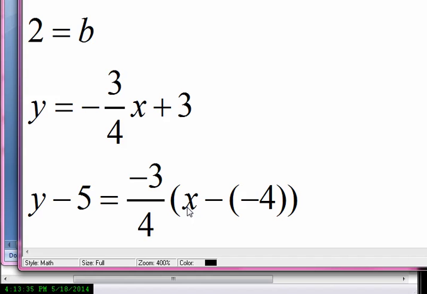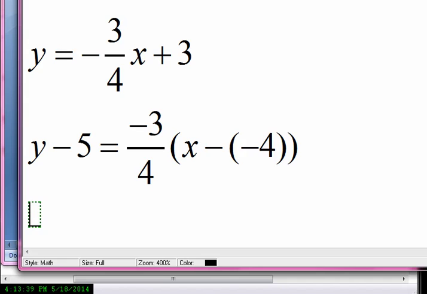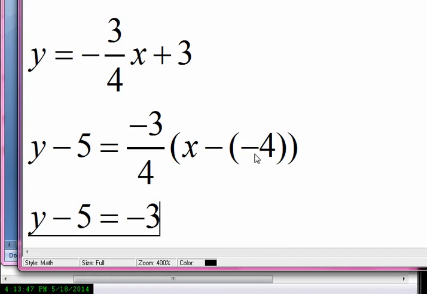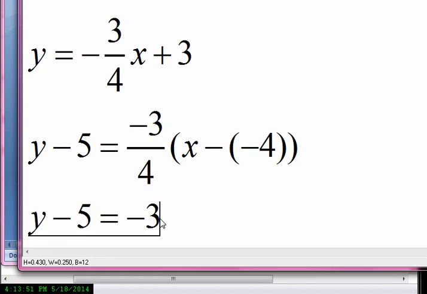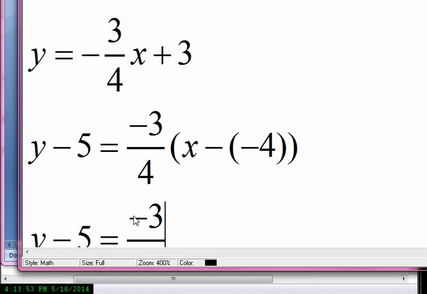So here what we have is x plus 4. So y minus 5 equals negative 3/4 x, if you distribute the negative 3/4 times x, and then that's a plus 4. That double negative there is plus 4.